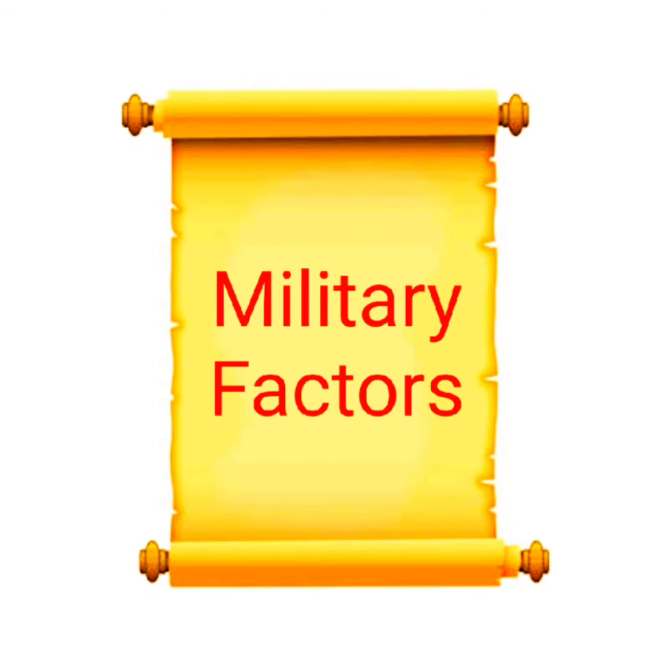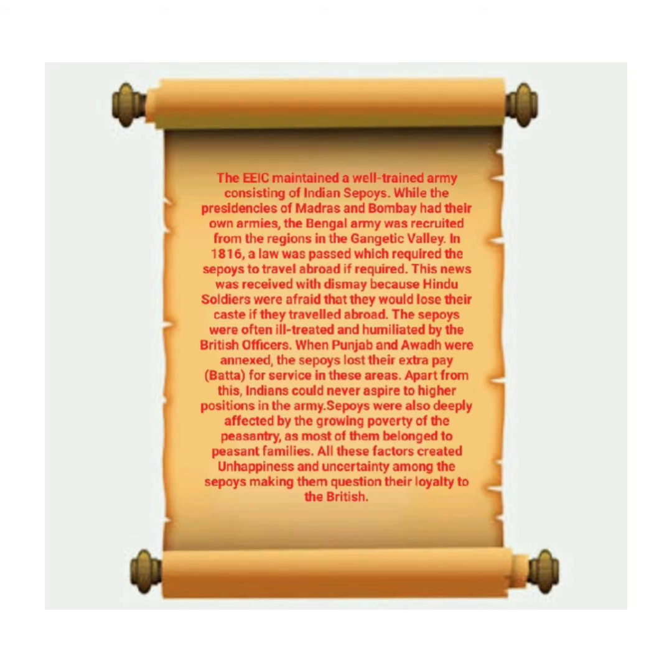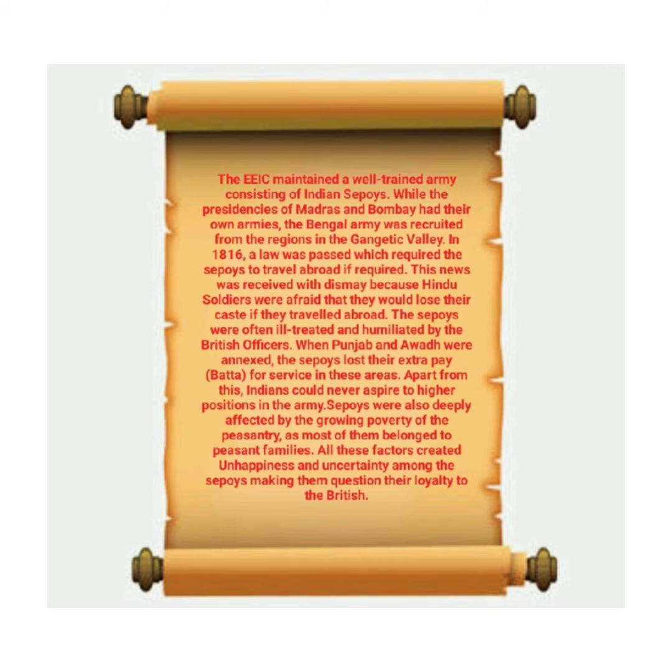Then follow the military factors. The East India Company maintained a well-trained army consisting of Indian sepoys, while the presidencies of Madras and Bombay had their own armies. The Bengal army was recruited from the regions in the Gangetic Valley. In 1816, a law was passed which required the sepoys to travel abroad if required.